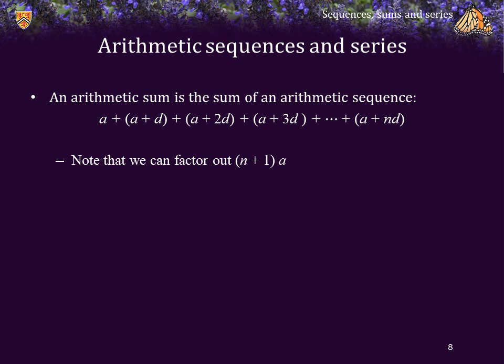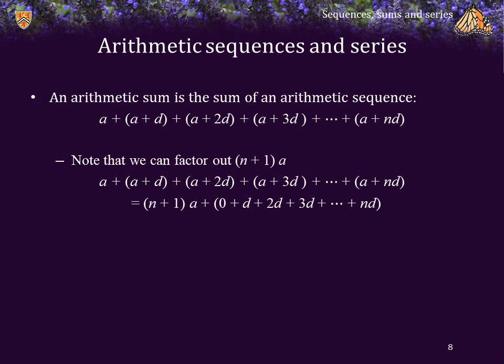So essentially we have a plus d plus a plus 2d, and so on. But we could actually just sum up a n plus 1 times, and so we could factor that out. So this arithmetic sum is equal to n plus 1 times a plus 0 plus d plus 2d plus 3d, and so on and so forth.